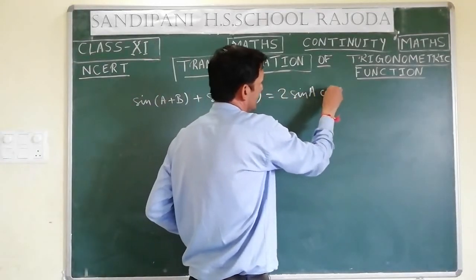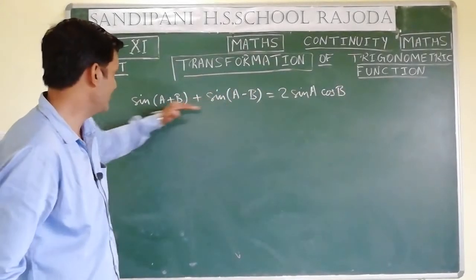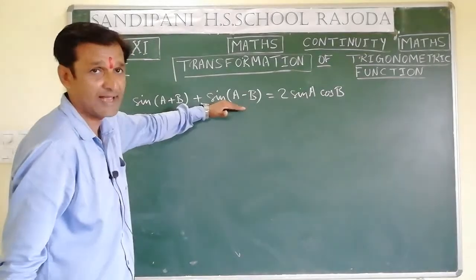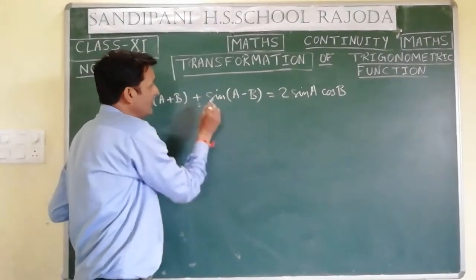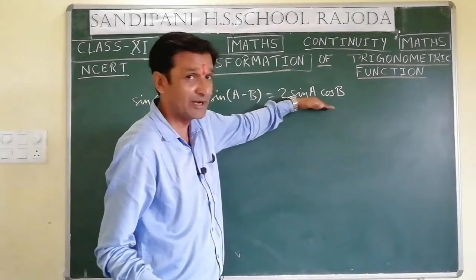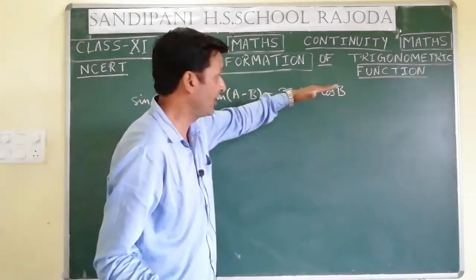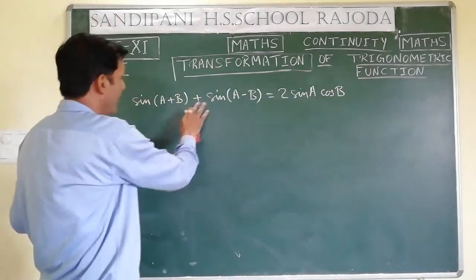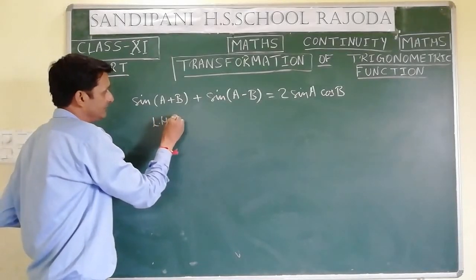Here the trigonometric functions are in the form of sine and sine, connected with the positive operation. If we want to transform this into the form of a product, we have to apply some trigonometric formula.